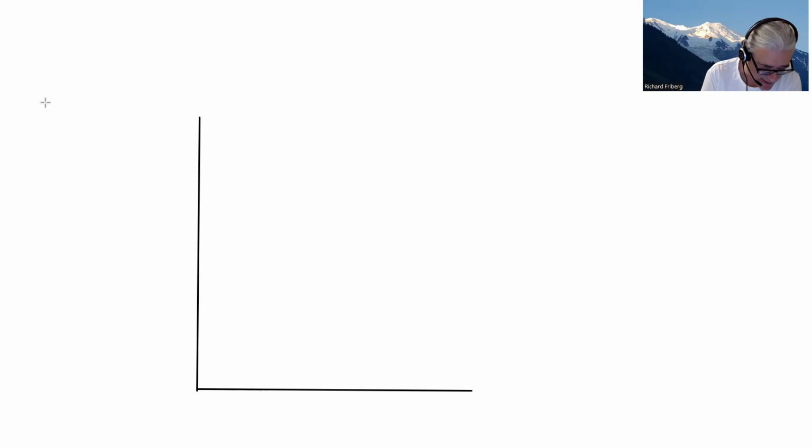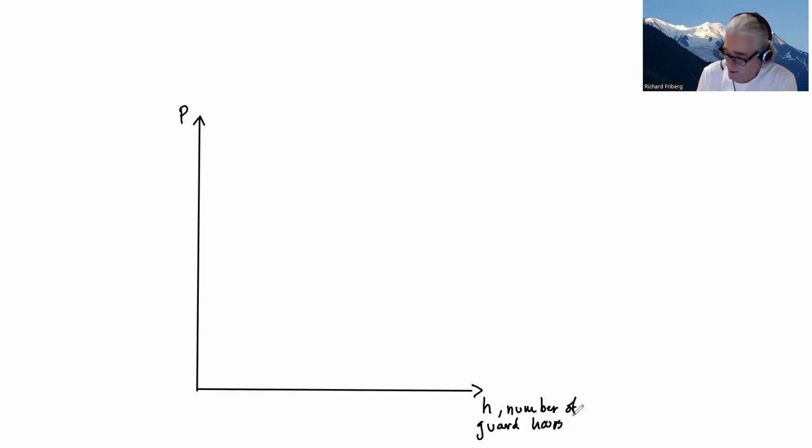So we have price here, or willingness to pay, and we have H here, the number of guard hours. Okay. So there are two firms.